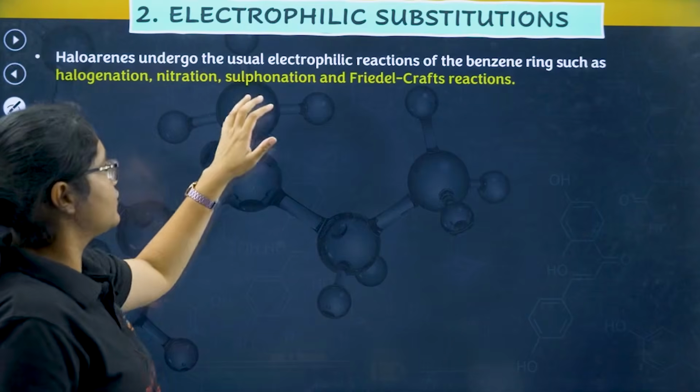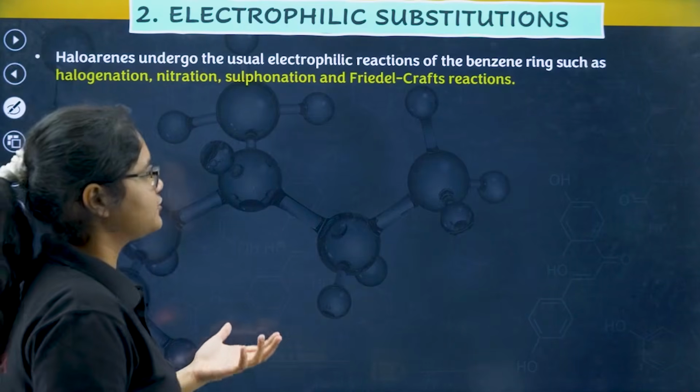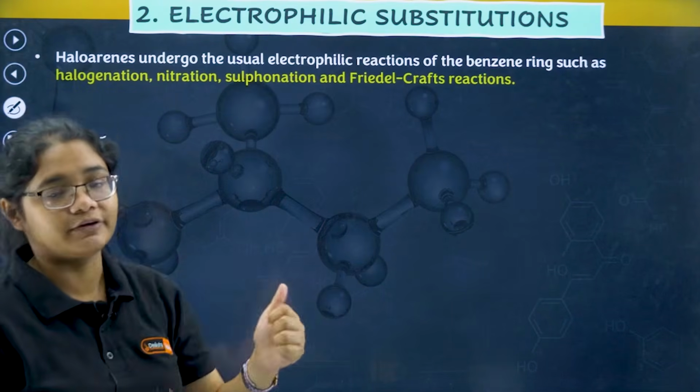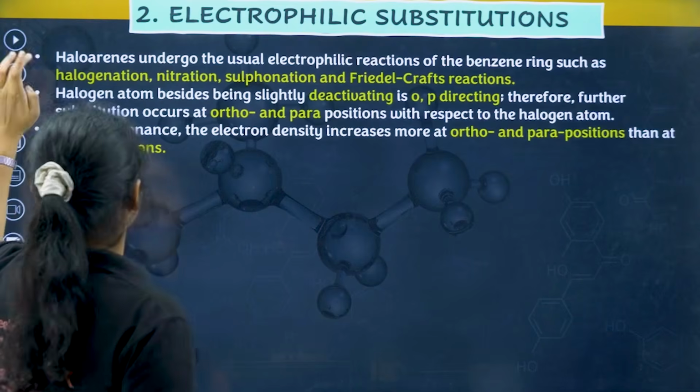Haloarenes undergo the usual electrophilic reactions of the benzene ring, such as halogenation, nitration, sulfonation and Friedel-Crafts reaction. Okay, so we will be seeing these reactions.